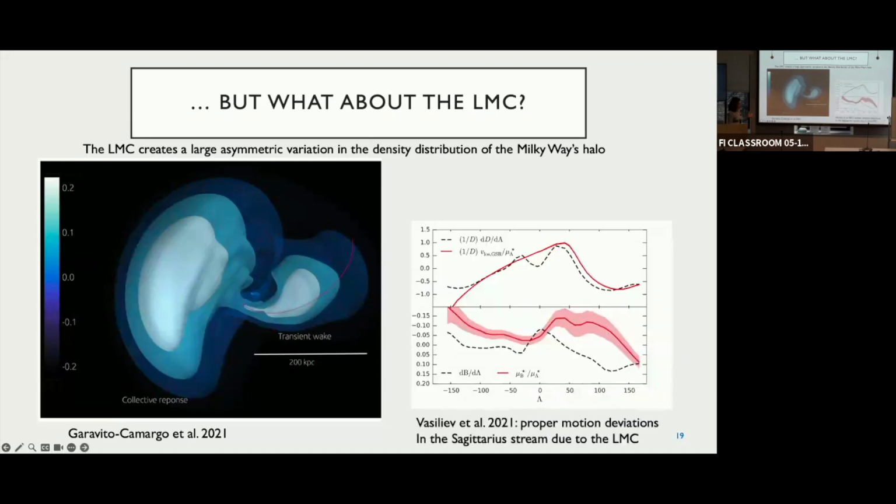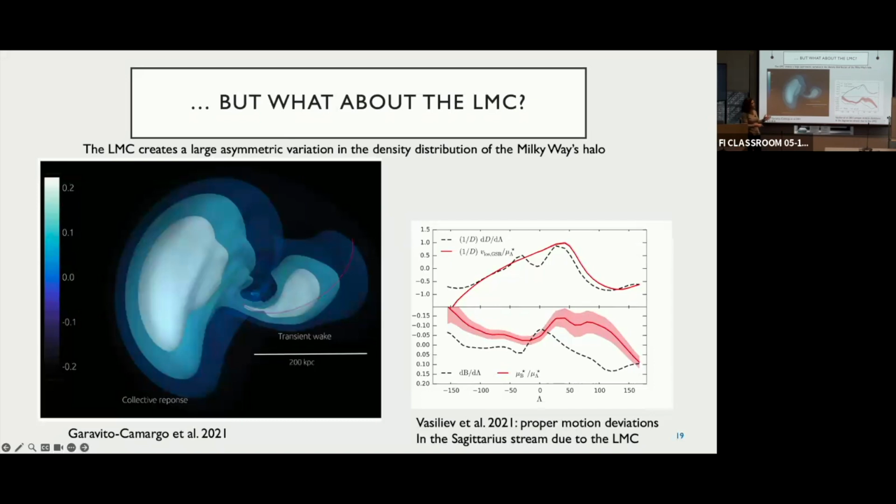And there's been other work. This is from a paper by Eugene Vasiliev, who showed that this kind of metric, looking at the ratio of proper motion perpendicular and along the stream, is also significantly affected.